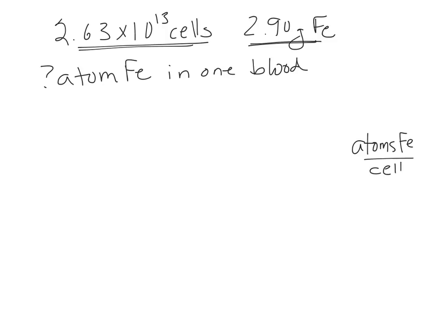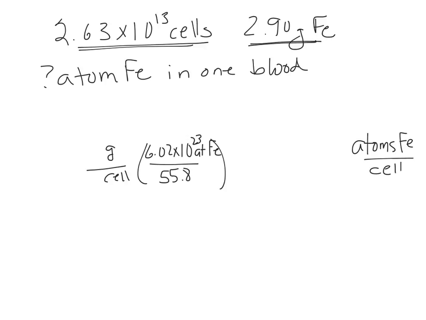Well, I know how to get to atoms from grams, so if I can get grams over cells, I can use the molar mass of iron, which they give you. We could say that there's 6.02 times 10 to the 23rd atoms of iron for every 55.85 grams of iron.